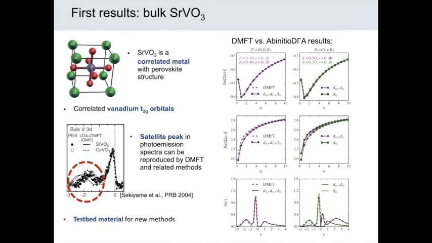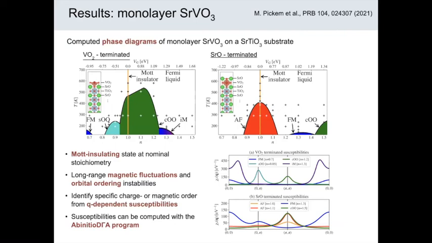But then, as I mentioned before, you expect non-local electronic correlations to be more important when you go to lower dimensions, right? And so what my colleague, Matthias Pickem, then investigated was monolayers of strontium vanadate grown on a strontium titanate substrate.